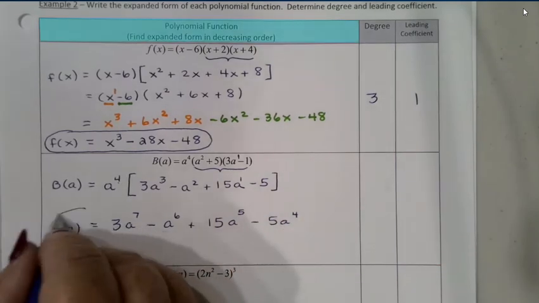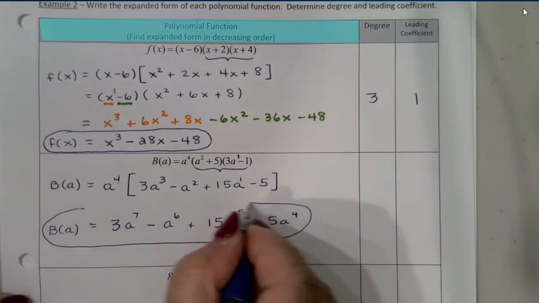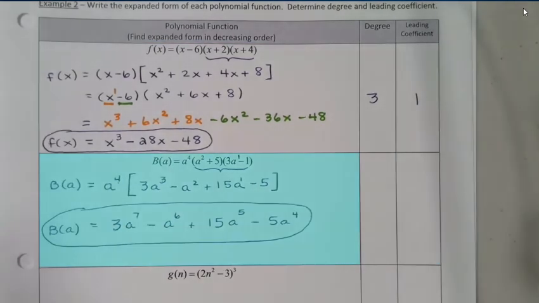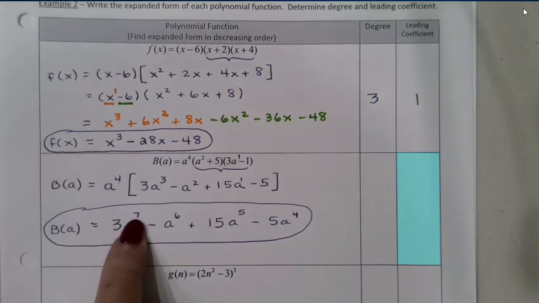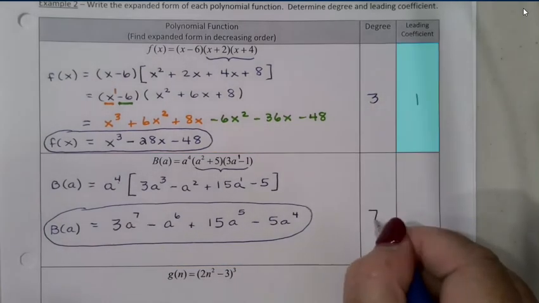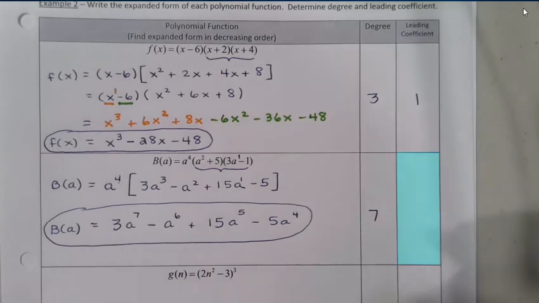And that is now completely multiplied out, so that is the expanded form. My expanded form here had degree 7, and the leading coefficient is the 3.